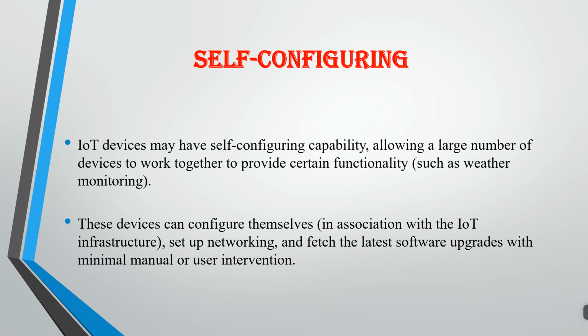Even on the cloud platform, IoT devices are able to configure themselves in sharing data to the cloud or in collecting data from the cloud. So they have a capability of self-configuring also.